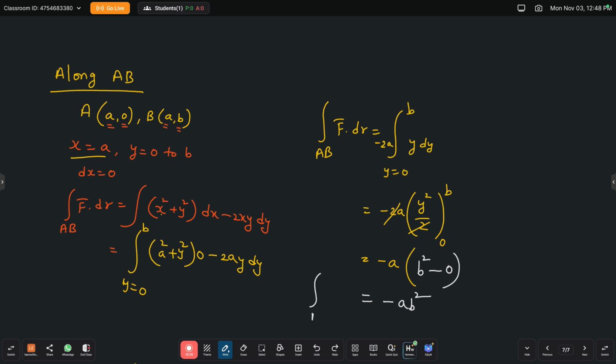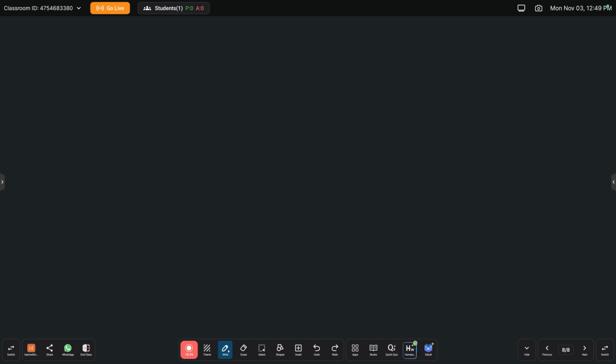It is the second part, the second value. Next, we move to find the integral along BC direction.